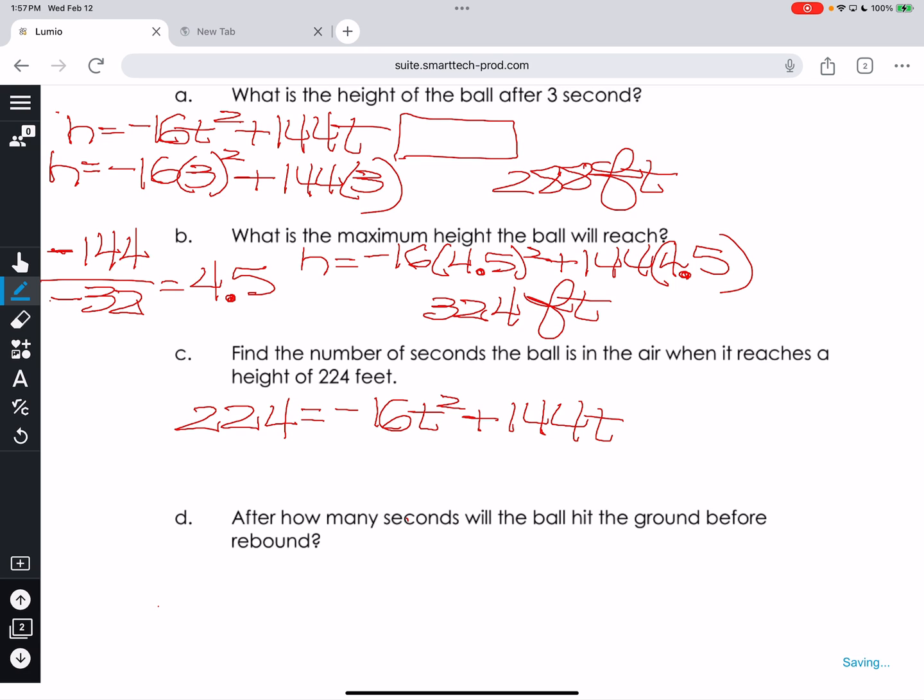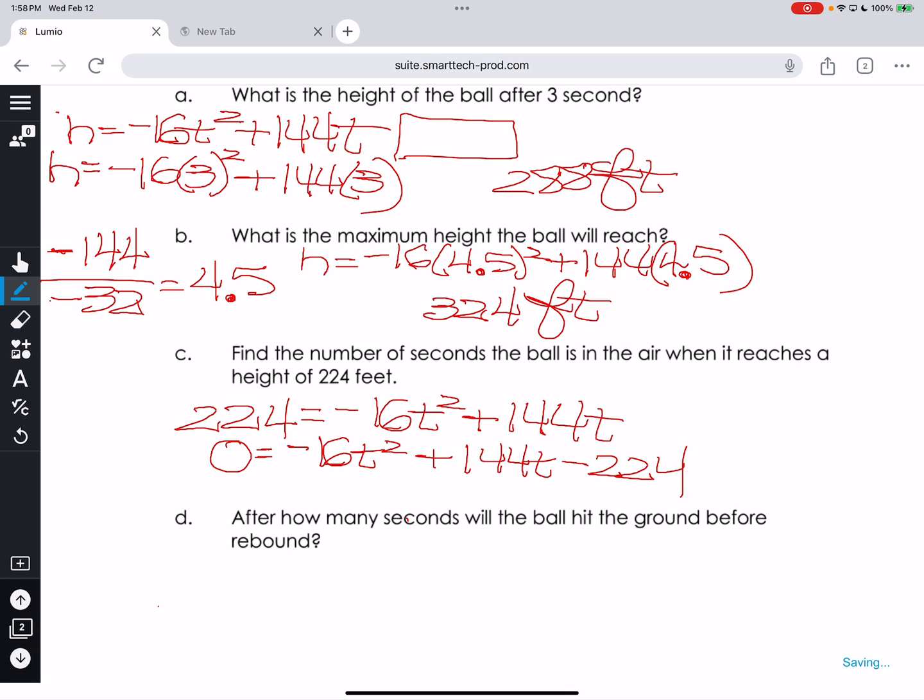X. So to solve for the x, we need to be able to factor, which means we need to make the equation equal what? 0. So the 224 is going to move over as a negative. So negative 16t squared plus 144t minus 224.